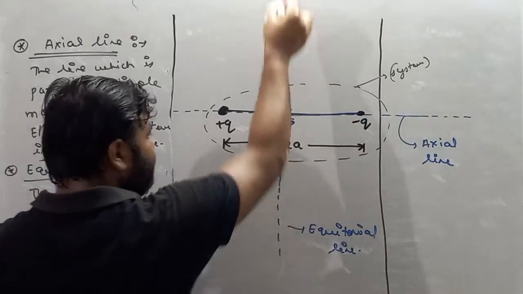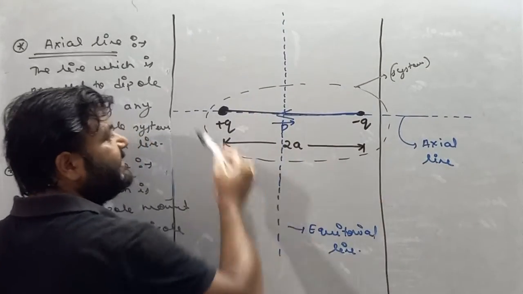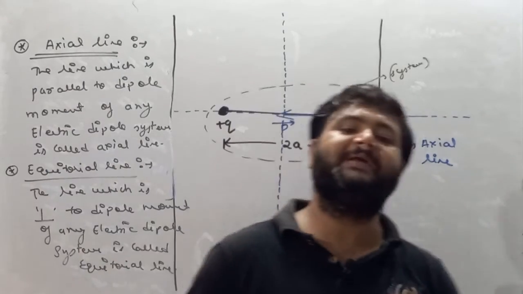So the line which is perpendicular to the dipole moment for any dipole system is considered to be the equatorial line.